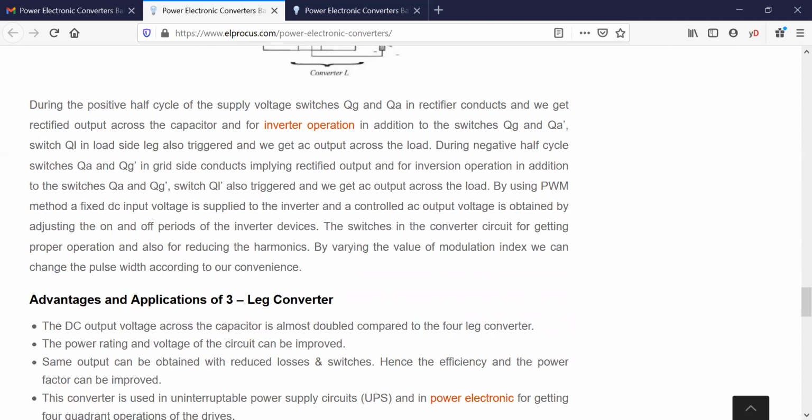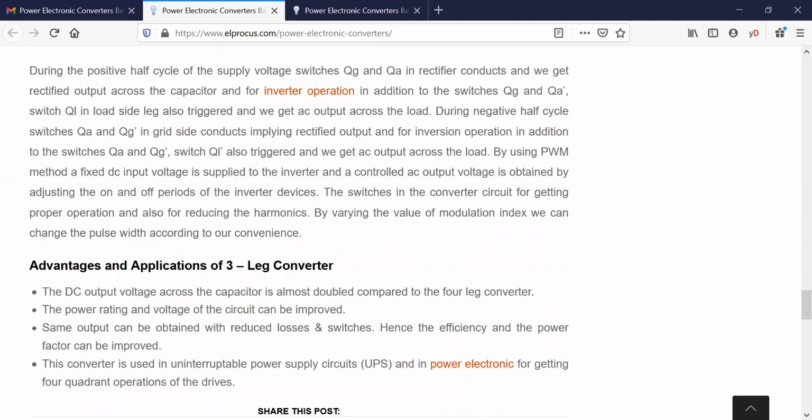So here are the advantages. First, the DC output across the capacitor is doubled compared to the 4 leg converter. The power rating and voltage of the circuit are improved. The same output can be obtained with reduced losses and fewer switches. Here the efficiency and power factor can be increased.